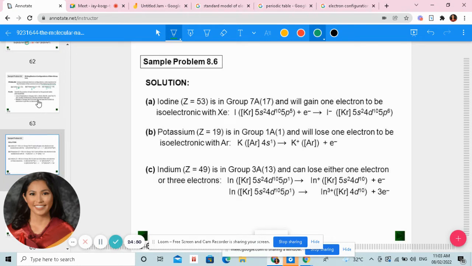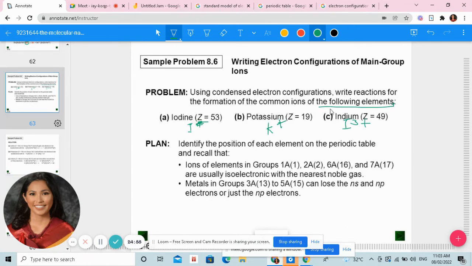So we are asked for the formation of common ions. If we have iodine, it will have the iodide ion, I minus. We have potassium ion and indium ion.